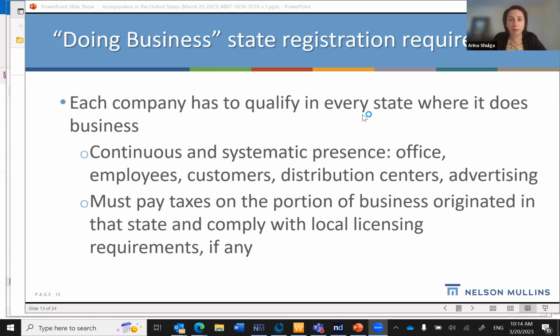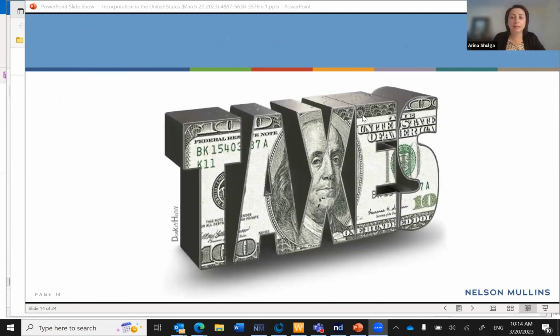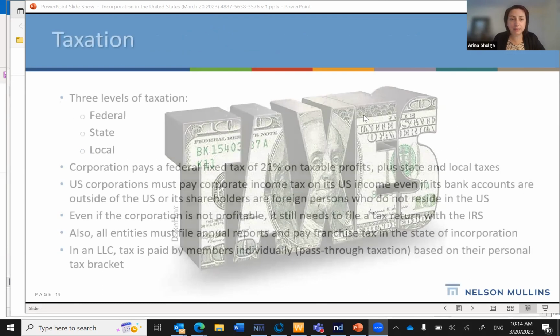Let's say you choose Delaware, but then you also need to qualify to do business in every state where you're actually conducting business. Let's say your Delaware corporation has an office in New York. So you are doing business in New York, and therefore you need to register in New York as well. Okay. That's that. So just a couple of words about taxes.